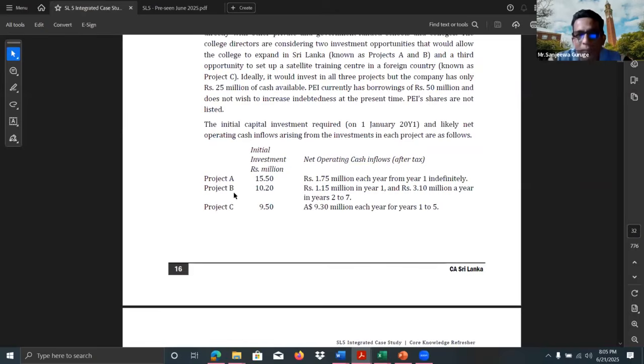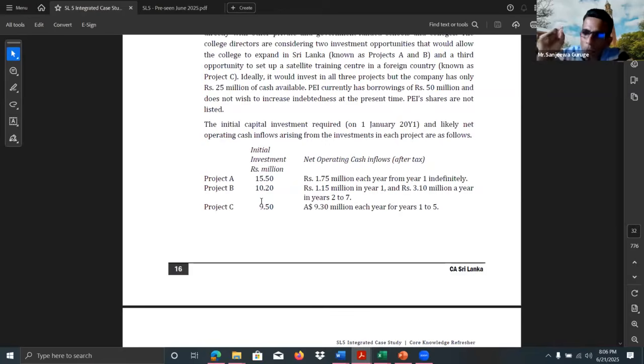You can see the initial investment is not equal.